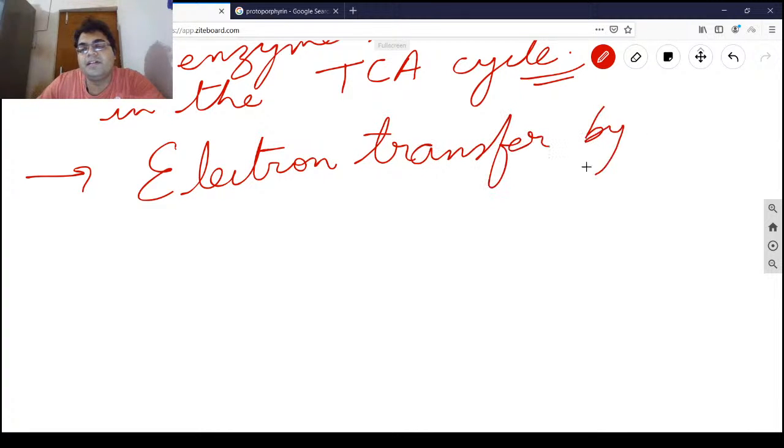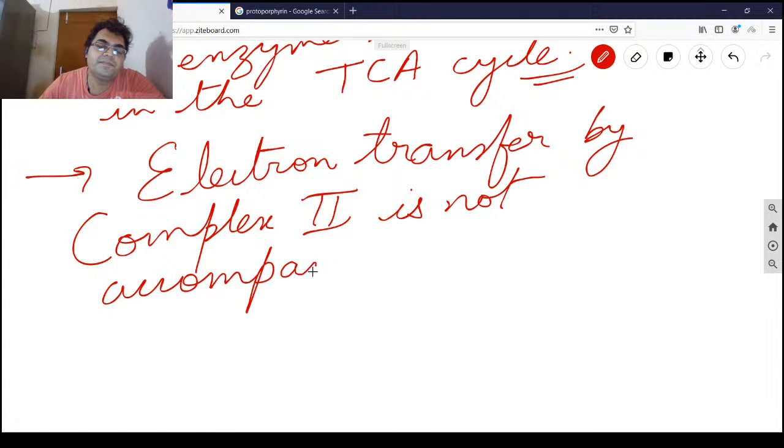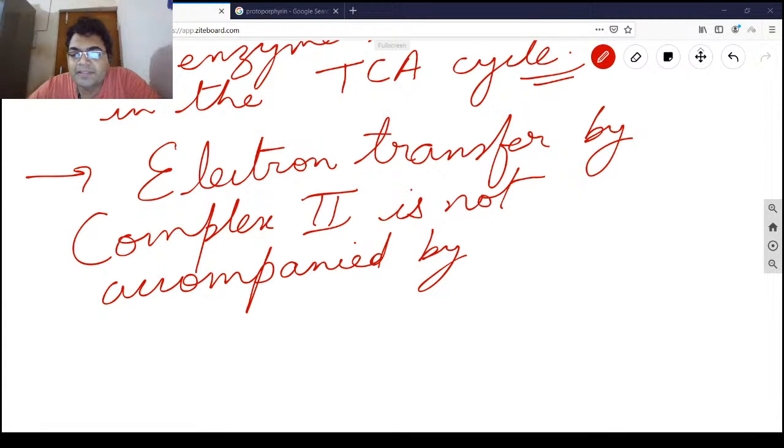Okay, so mark this thing: electron transfer by complex 2 is not accompanied by proton pumping across the inner membrane.